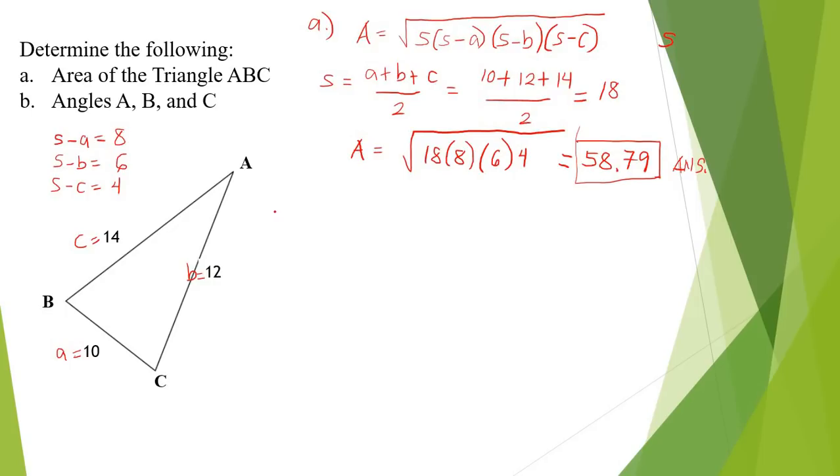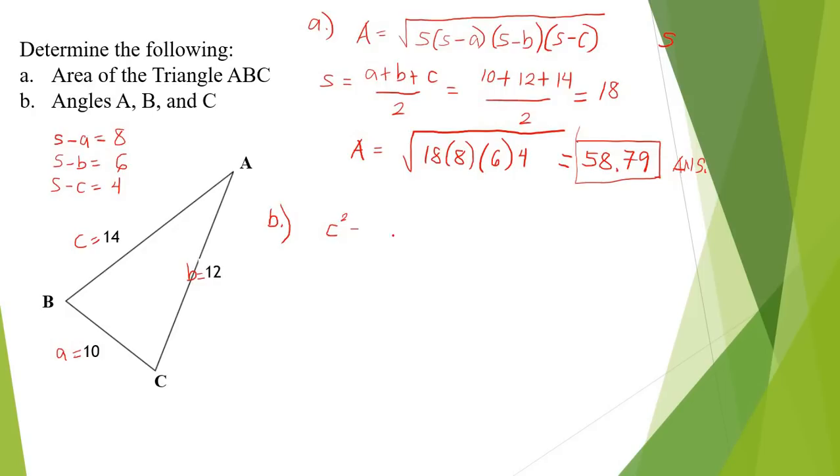And for letter B, we wanted to determine the angles A, B, and C. Now take note, guys, that we know the three sides, and we can use the law of cosines to determine any unknown angle. So in this case, we can use our law of cosines.